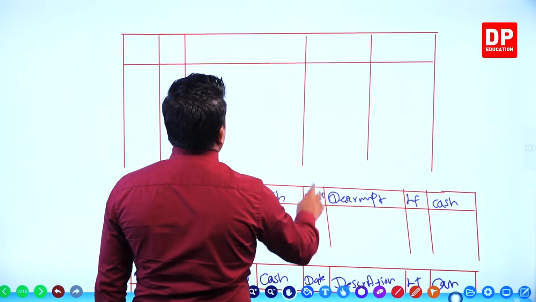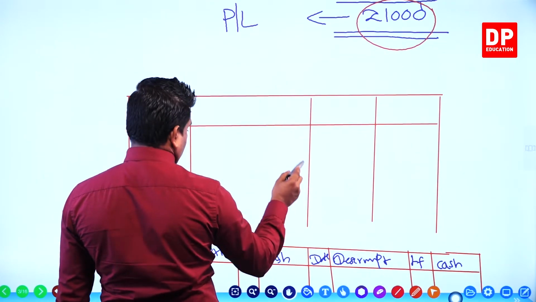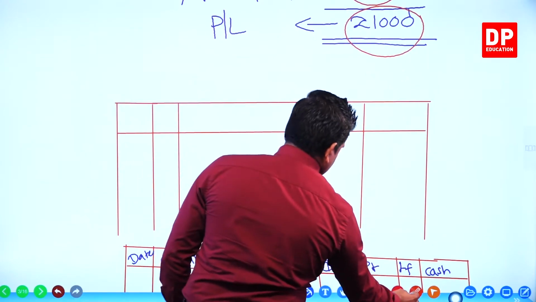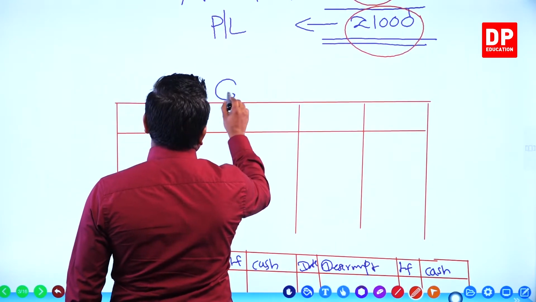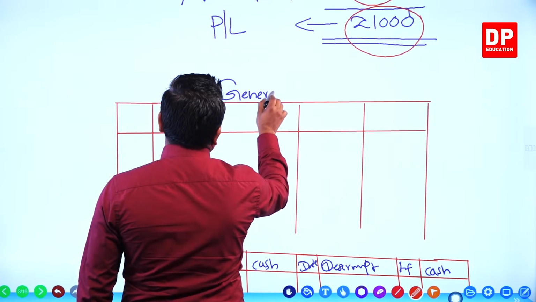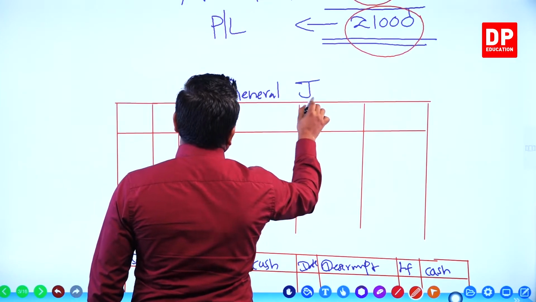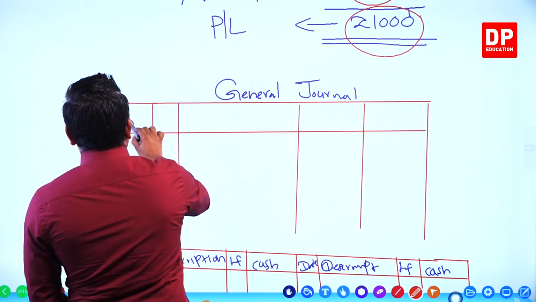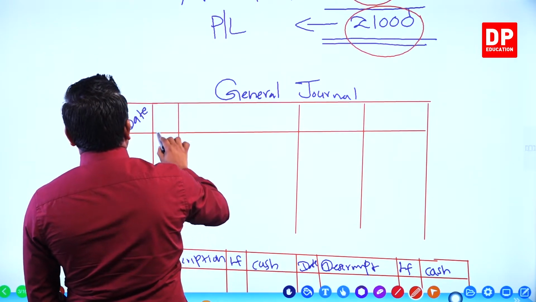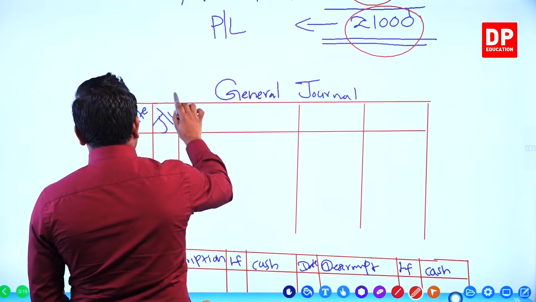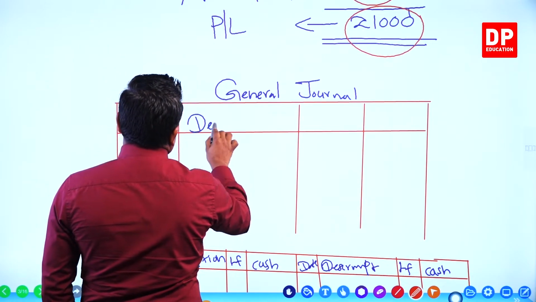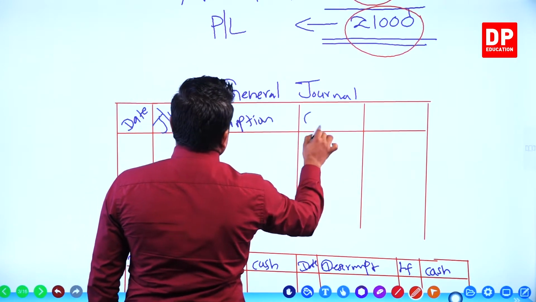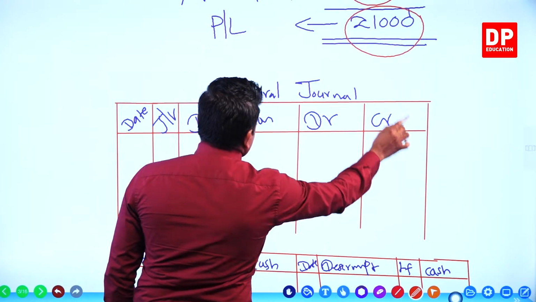Name the general journal also. General journal. Date, journal voucher, description, debit and credit. Okay.